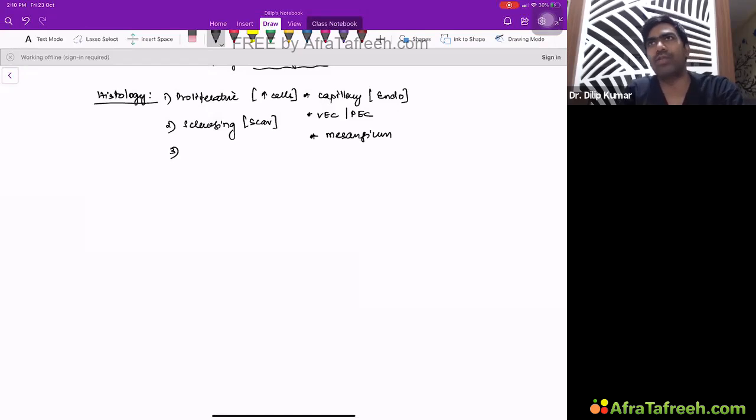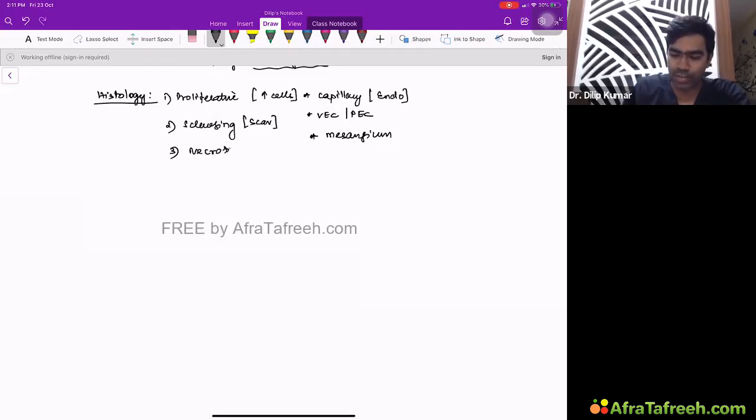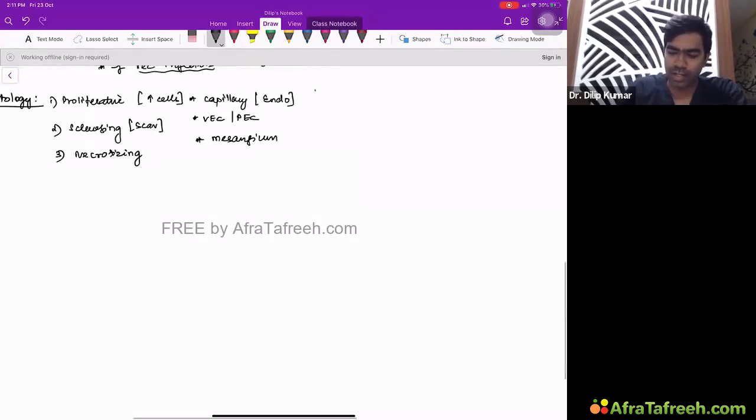Number three, we also have necrotizing pathology, which is very commonly seen in some ANCA-related disorders, which I told you already. Focal segmental necrotizing glomerulonephritis is a characteristic feature of ANCA-related nephritic syndrome. In necrotizing pathology, there will be some areas of necrosis or cell death. Depending on the number of glomeruli involved, we have focal versus diffuse.